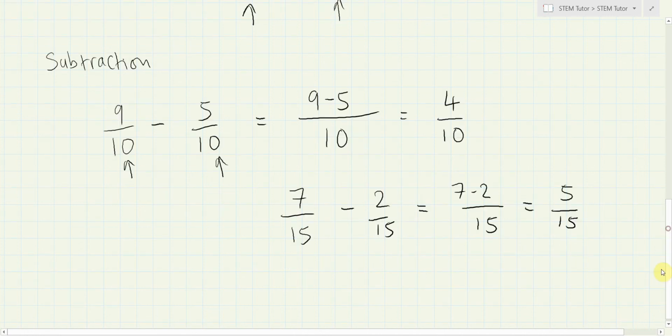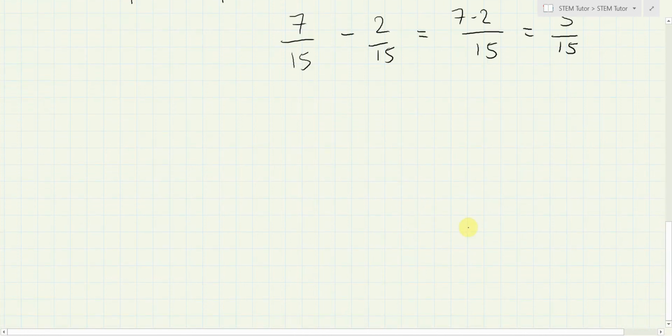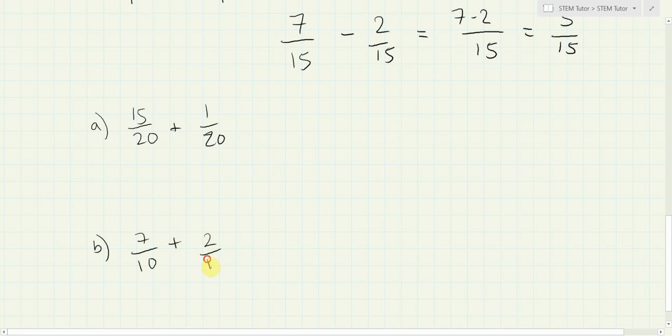Okay, just to finish off, we'll have 4 final questions. A, 15 over 20 plus 1 over 20. B, 7 over 10 plus 2 over 10.